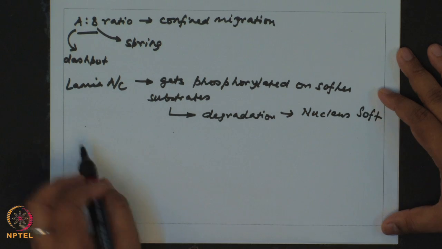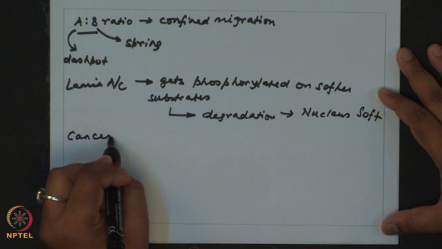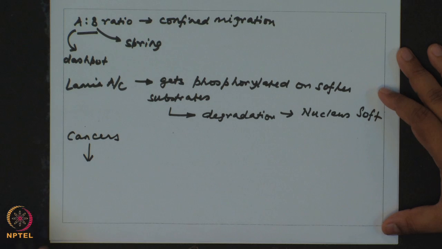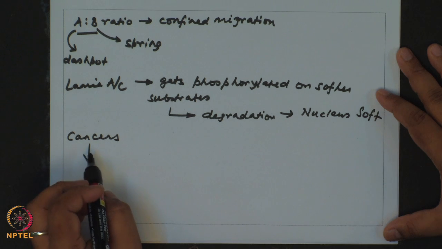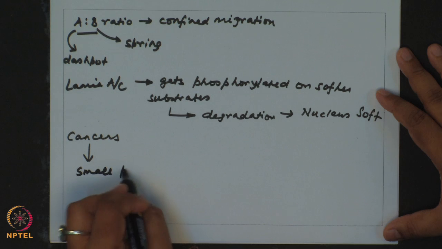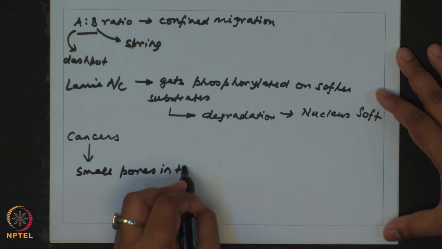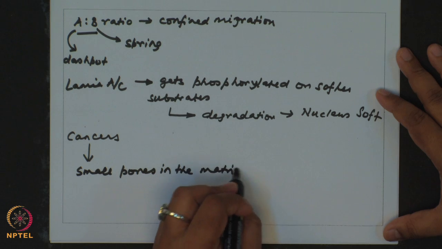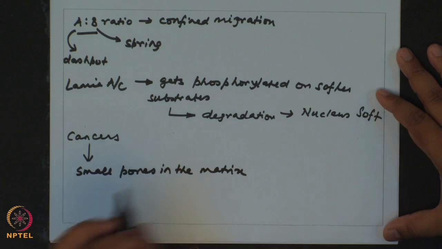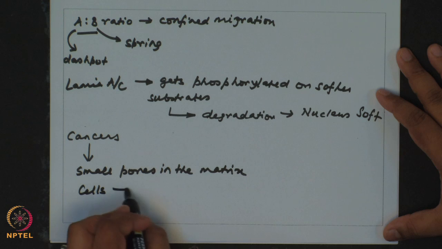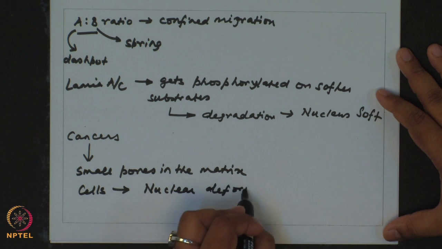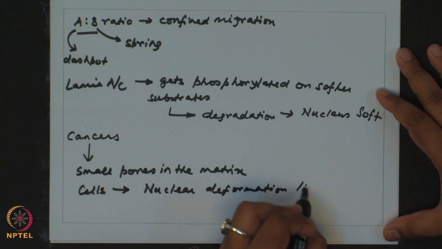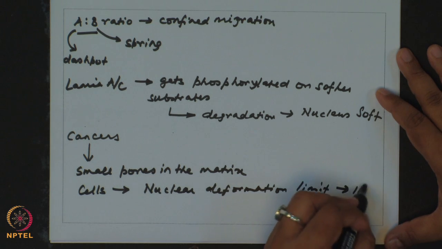Okay. So, in the context of cancers, what has been observed is that for cancers to invade, you must have mechanisms by which the cell can pass through small pores in the matrix. And cells cannot deform. We have the nuclear deformation limit, which is 10% of undeformed size.